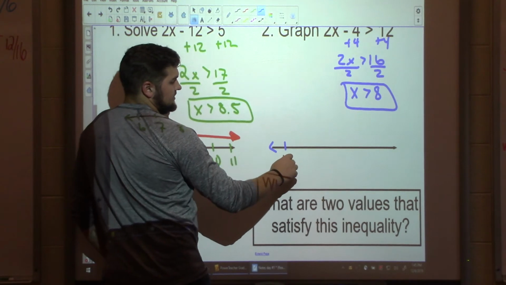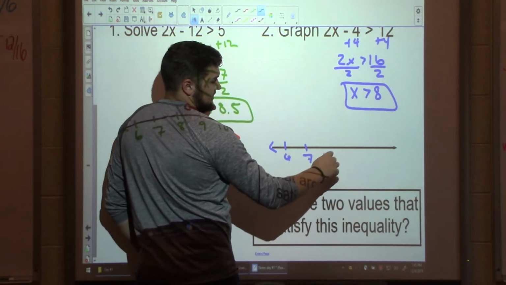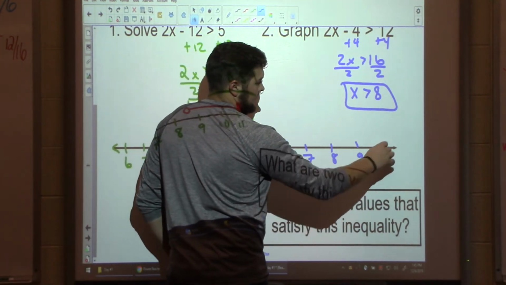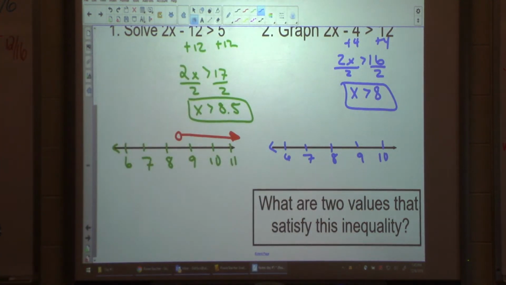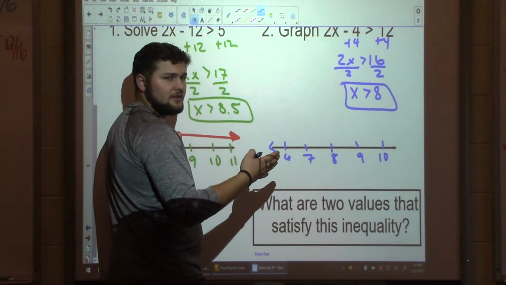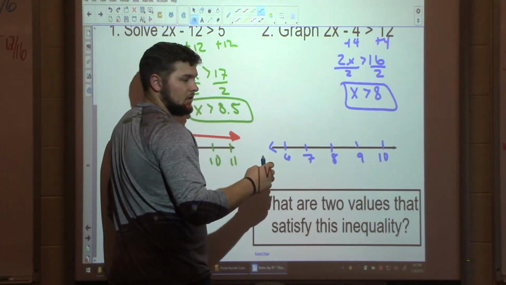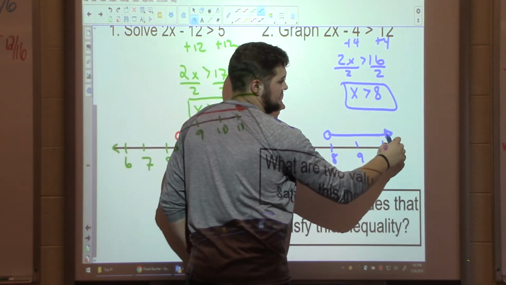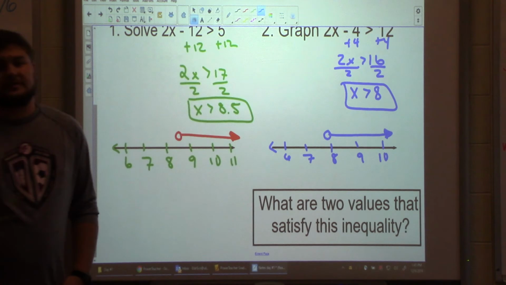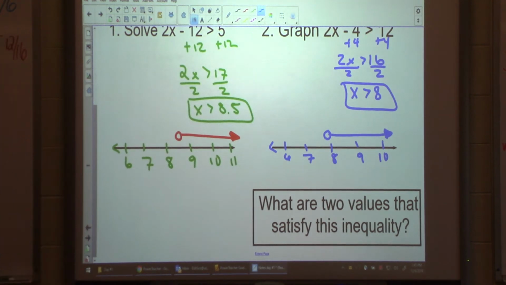So I'm going to start at, let's say, 6 again, 7, 8, 9, 10. Alright, so greater than 8. Well, open or closed circle at 8? Open, right? It's not or equal to. Greater than means I'm shading it to the right.